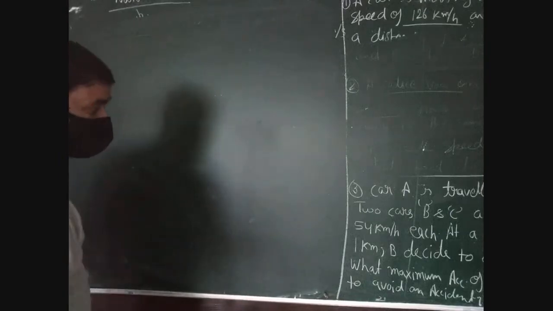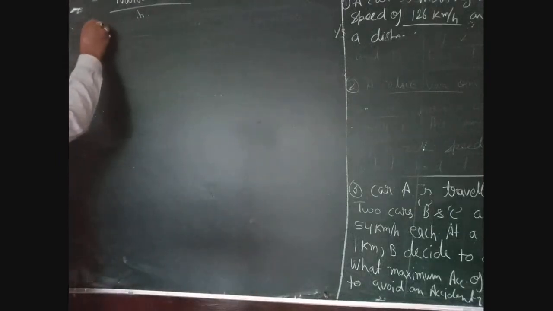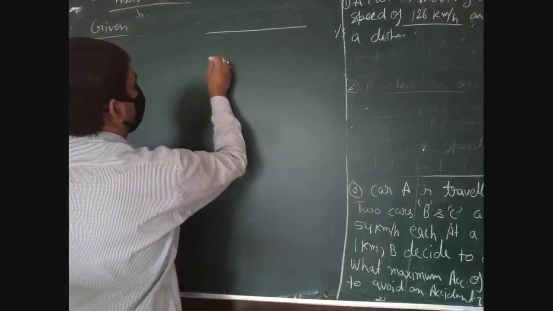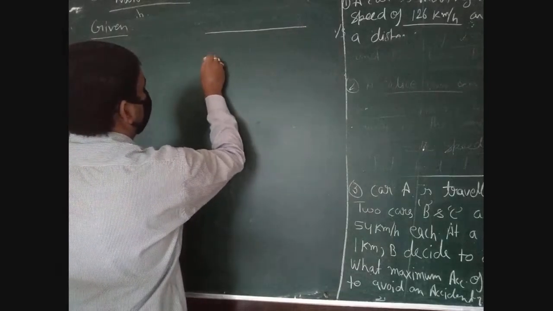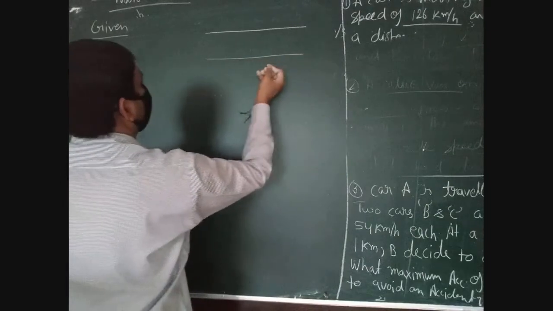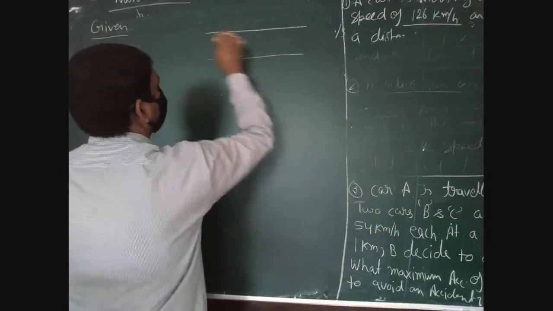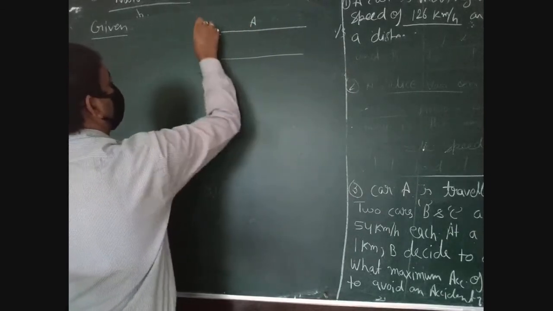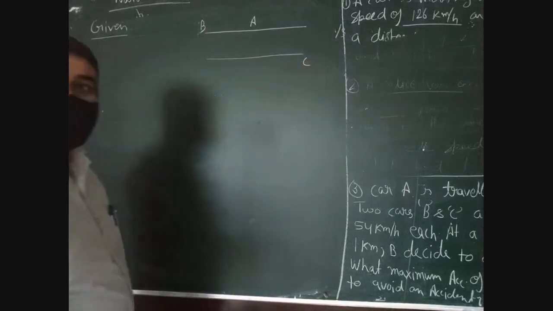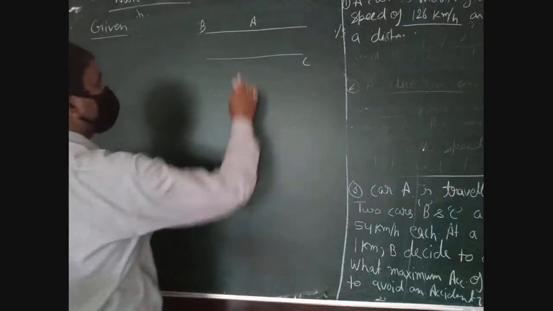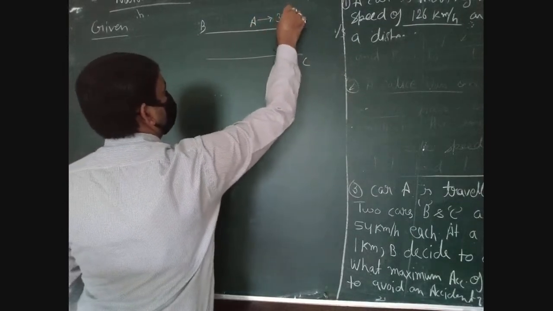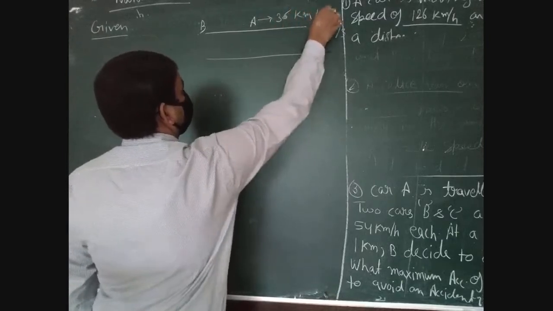Okay, see, these are the positions of the cars. Car A is moving with velocity 36 km/h.